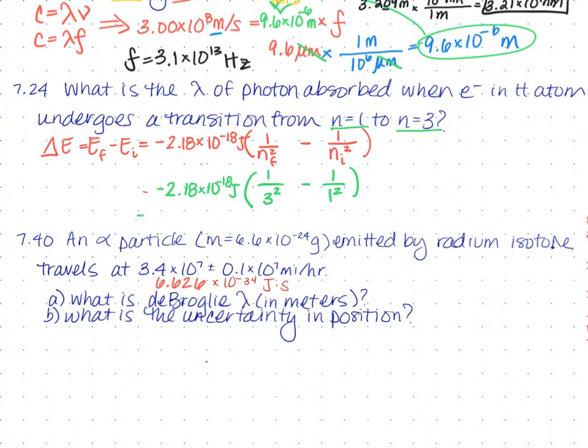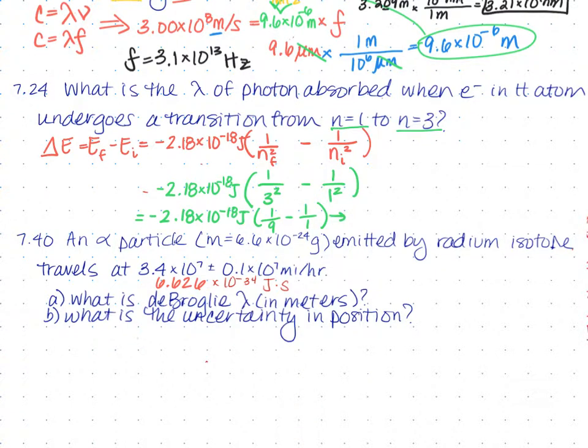This gives me negative 2.18 times 10 to the negative 18 joules times 1 over 9 minus 1 over 1, which is just 1.